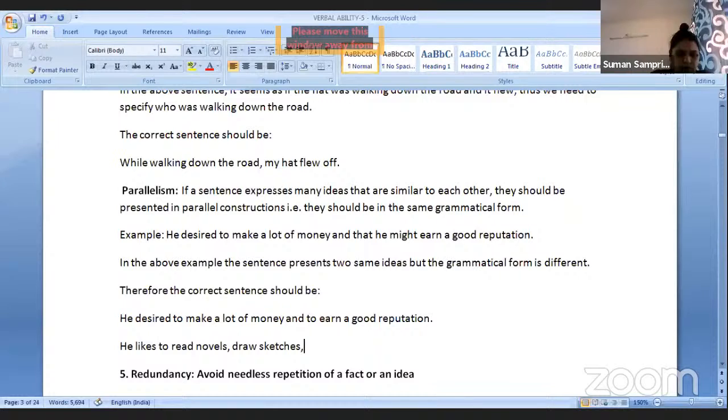Okay, so here there is some kind of error in this sentence. Can you find it? The sentence is this. I'll just bold it.